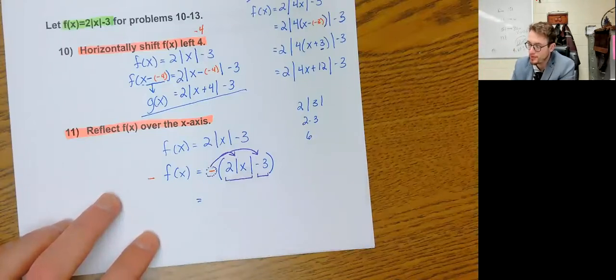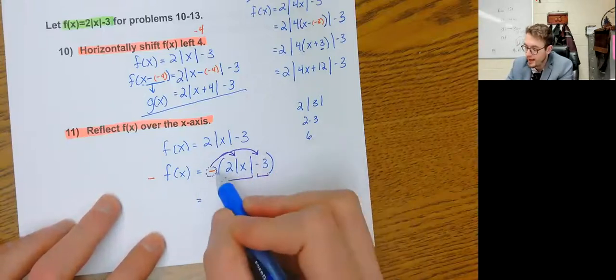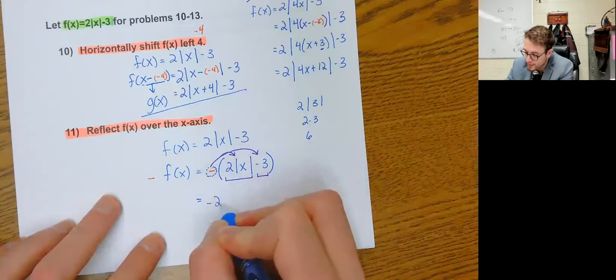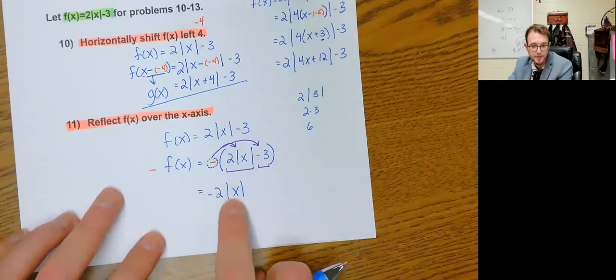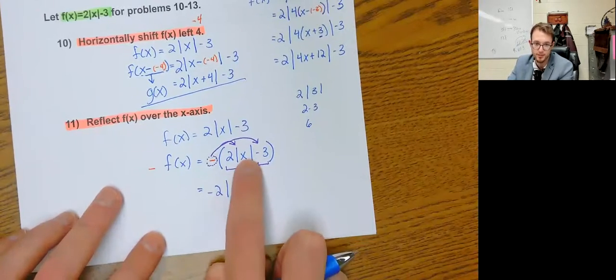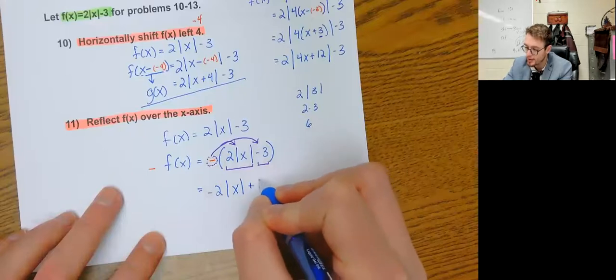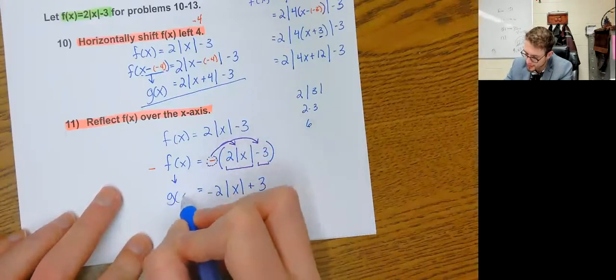So when we distribute this negative, it's negative times 2 absolute values of x, which becomes negative 2 absolute value of x. You do not distribute the negative also to the absolute value. You're distributing the negative just to this one term, and then the negative just to the next term. So that would become plus 3. And this whole thing is now changed to be g of x.